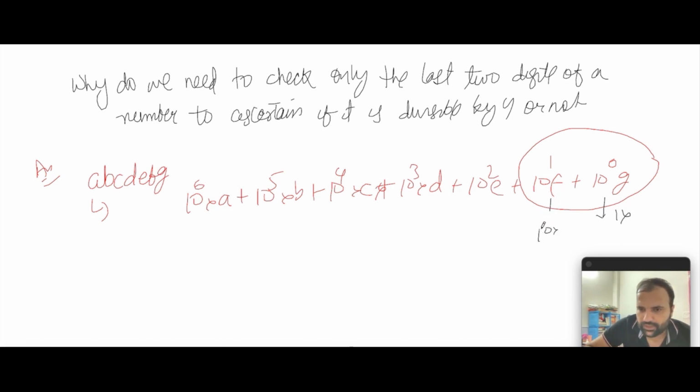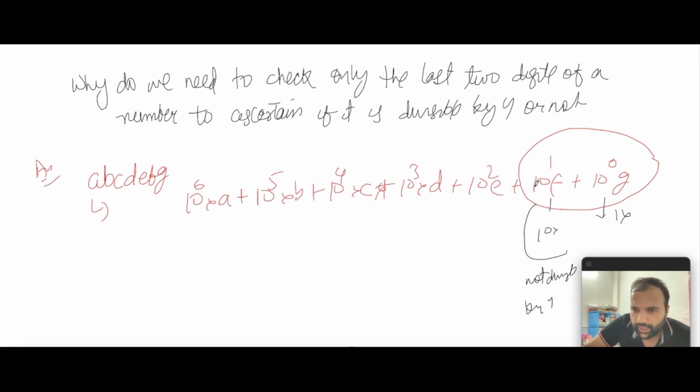So this place for sure is not necessarily divisible by 4. Over here it's just 1, so it can be any number. Let's say instead of G, you have 4, then you would have 10 into 4, 40, and it would simply be a multiple of 4, so it can be divided by 4.